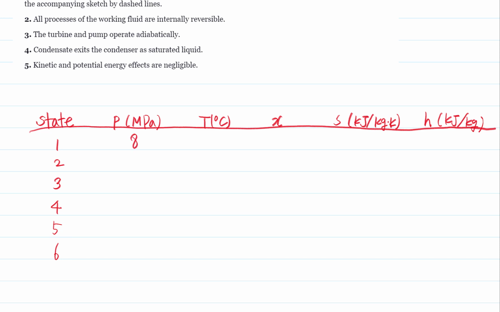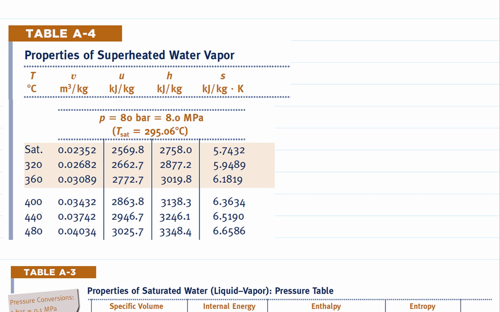Pressure is 8 MPa, temperature 480 degrees Celsius. We can fix the state. See table A4, superheated water vapor. At 8 MPa, temperature 480 degrees Celsius, this is the enthalpy H1, entropy S1.